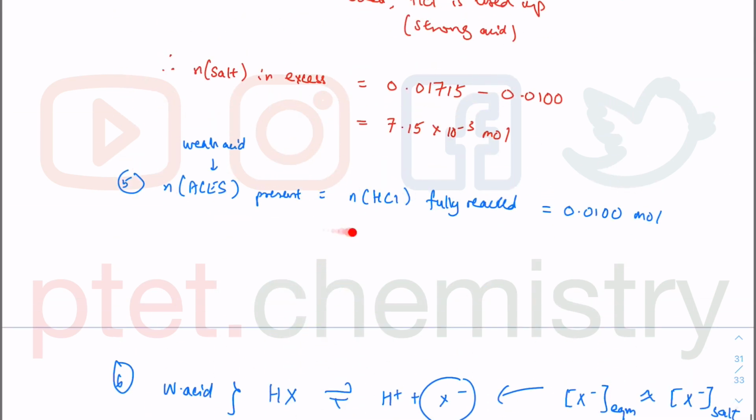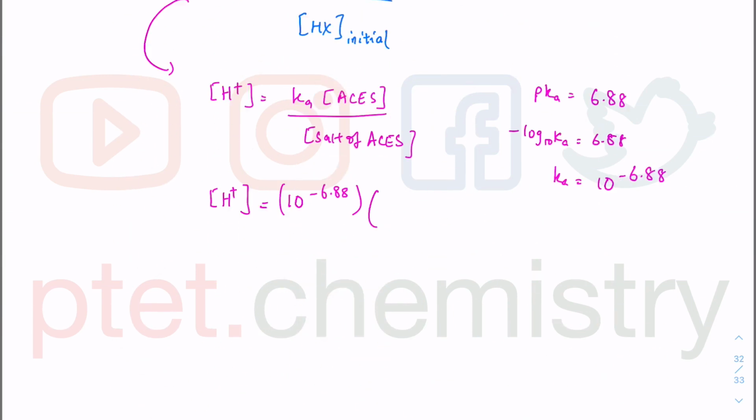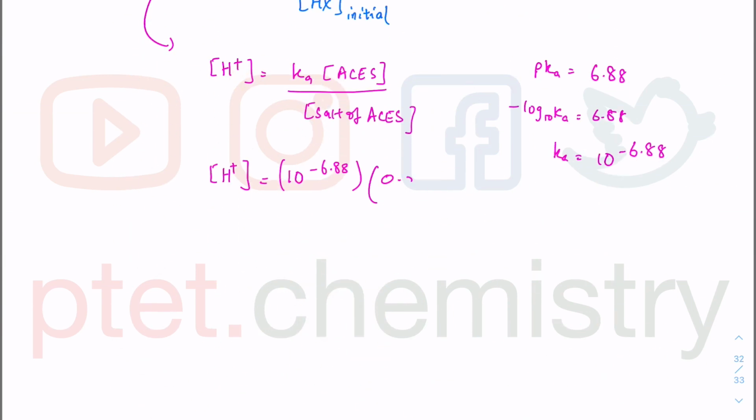So the mole of the weak acid is 0.0100 mole. I have a total volume, which gives mole per dm cube to give me concentration. I don't care about volume yet, because in the next step I'm going to have the exact same volume for the salt of the excess, because these and these are in the same solution mixture. They have the same total volume.